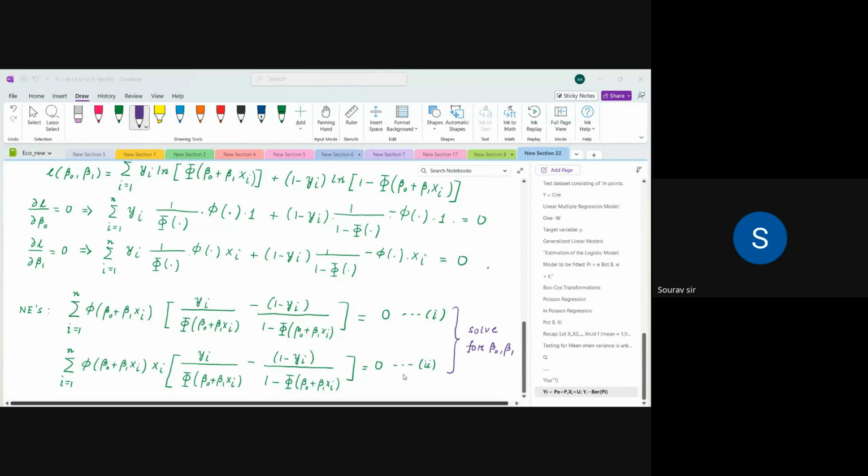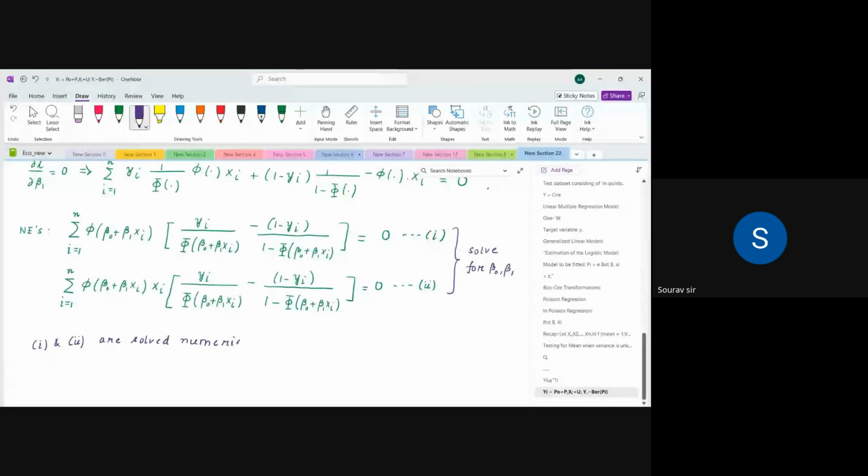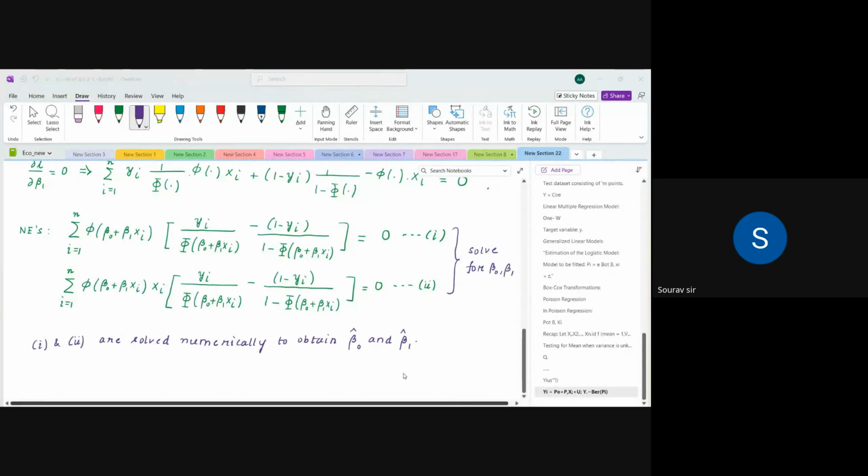All right. So equation 1 and 2 are solved numerically to obtain beta naught hat and beta 1 hat.